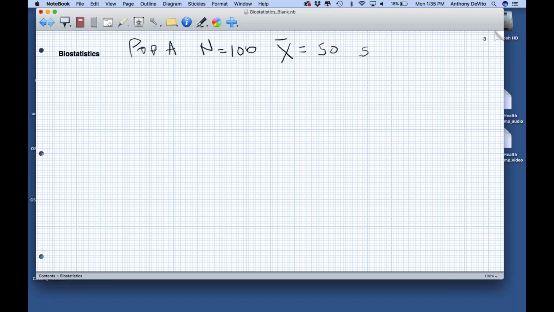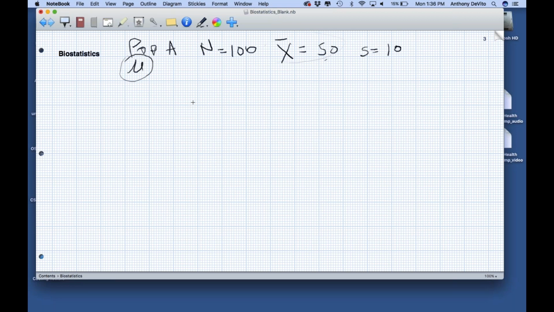And my standard deviation from that sample is equal to, let's say, 10. So now I'd like to know, I found a sample of size 100 and a mean of 50. Now, what does that tell me about the population mean, mu, which is what I'm really interested in?